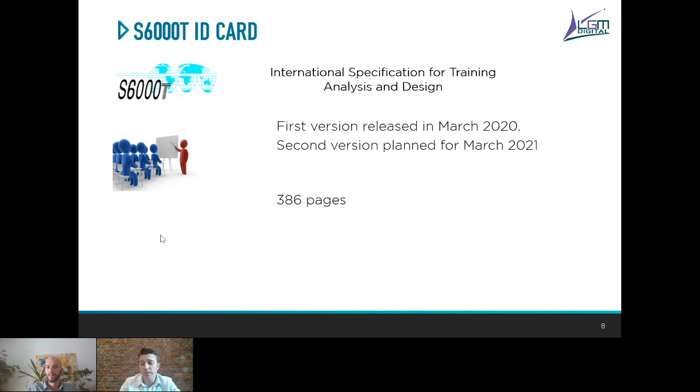For the moment, it's 386 pages in 8 chapters, and you can download it for free. All those specifications are free. It's on the s6000t.org website of the ASD organization.